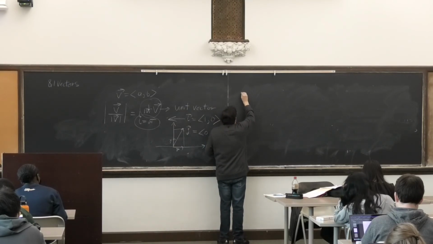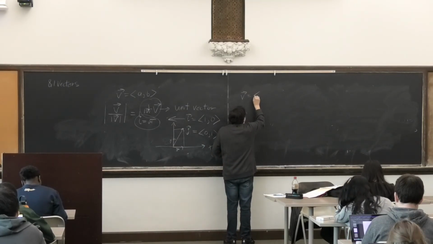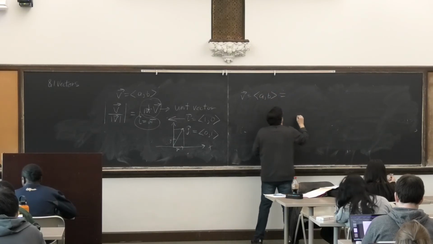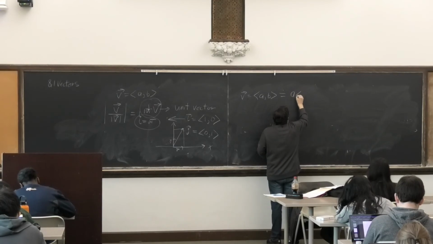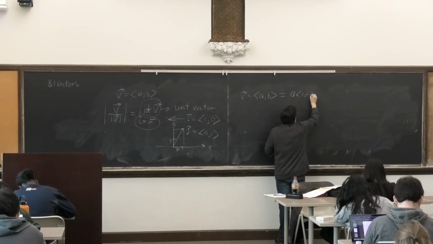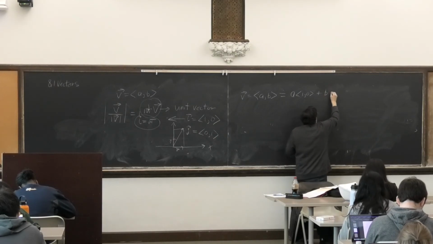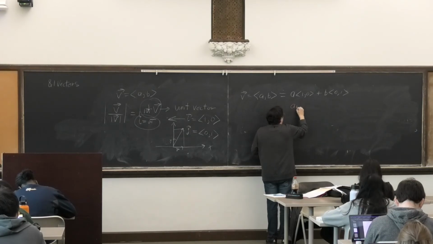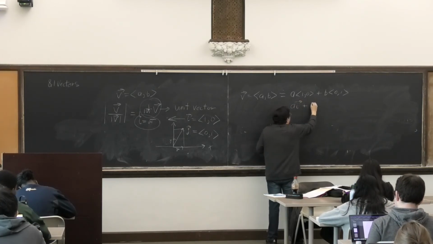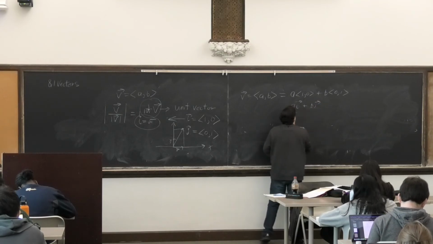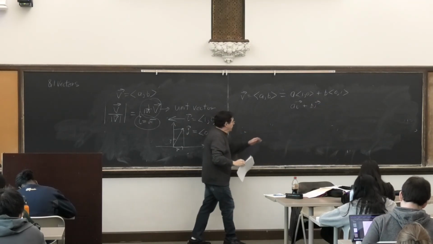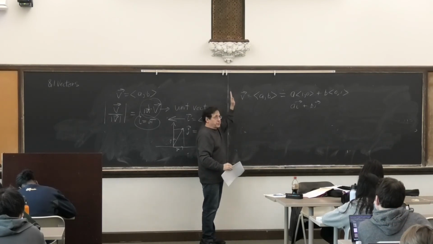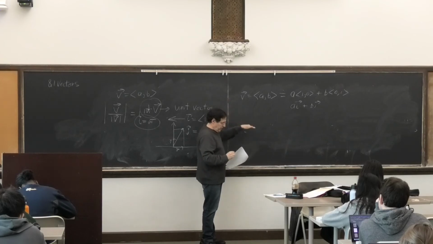If I have some vector a comma b, I can break that down as a times the 1, 0 vector plus b times the 0, 1 vector. And I might write that as a i plus b j. And now I have this vector broken up into its components, the x component and the y component.